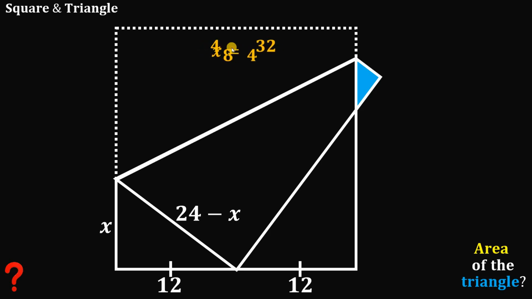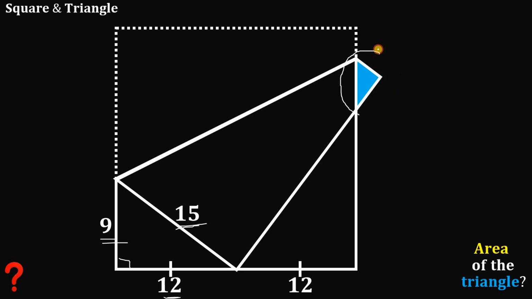Divide both sides by 48. 432 divided by 48 will give us 9. So the value of x must be equal to 9. So we have here a right triangle with sides 9, 12, and 24 minus 9, which gives us 15. So 9, 12, 15.